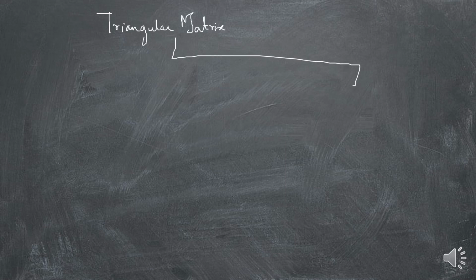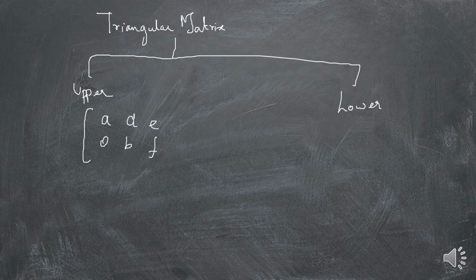Next is the triangular matrix. Again in the triangular matrix you have two different types. One is upper triangular, the other is lower triangular. In upper triangular, I will give you an idea how it is: A, B, E, 0, B, F, 0, 0, C, right? So if you have something like this, then it is an upper triangular matrix.